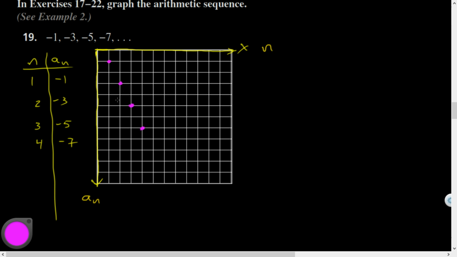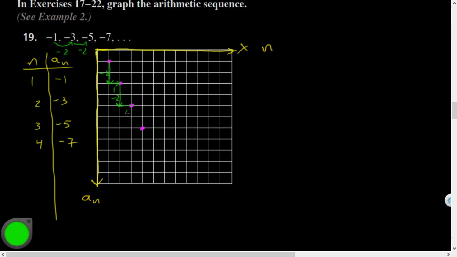Does anyone know what the common difference was for this list? They didn't ask us, but yeah, it's subtracting 2, which I also want to point out visually on the graph, it's going down 2 for every 1 term that I increase by, down 2 over 1.